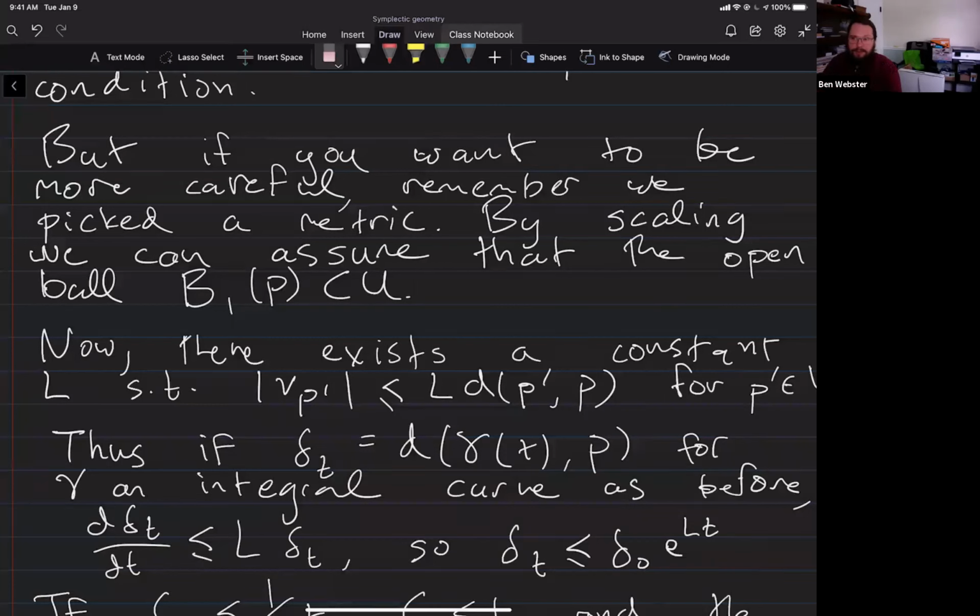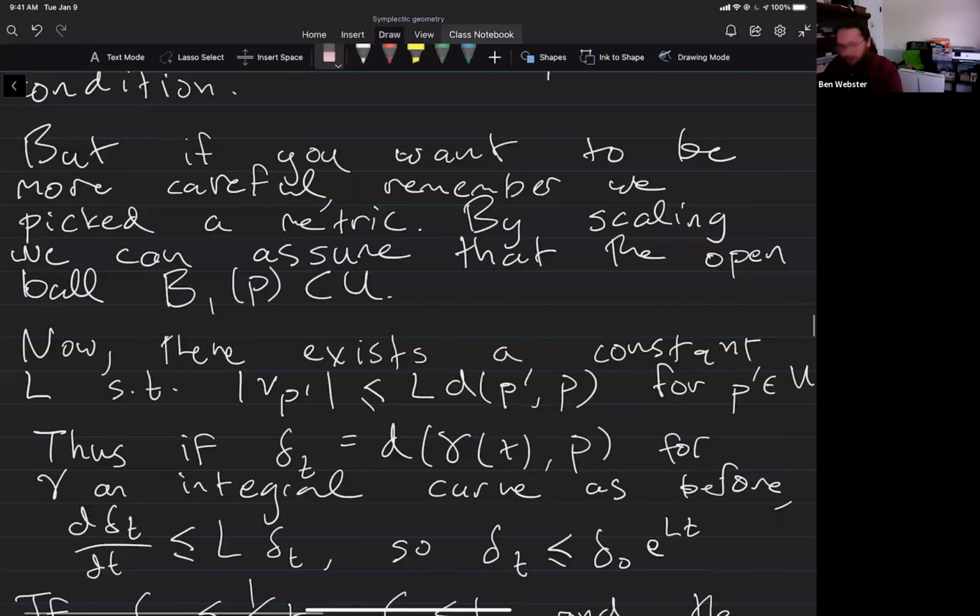So now that I've chosen a metric, I can actually talk about the length of my vector field. And because everything is smooth, I'm going to have an upper bound on the length of my vector field, which is linear in the distance from this point P. So there's some constant L such that the length of the vector is less than L times the distance from P.